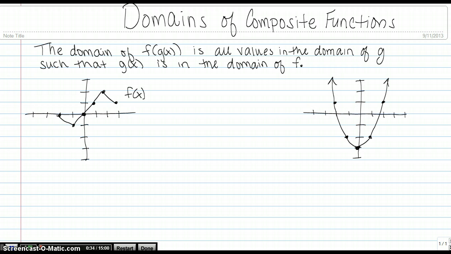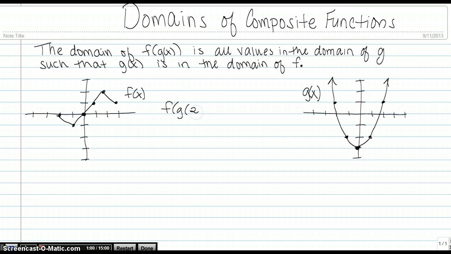Alright, so here are two graphs. We've got f of x and we have g of x. And what I'm going to want to do with these functions is just pick a value of x and then we're going to evaluate the composition. So let's say we want to do f of g of, let's go with 2.